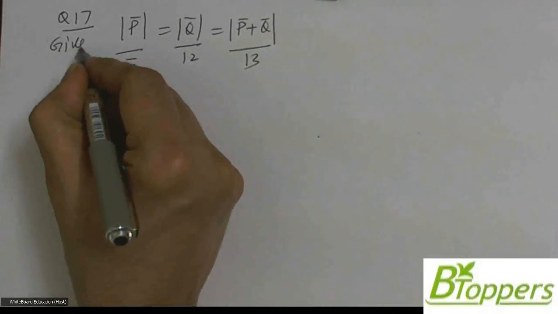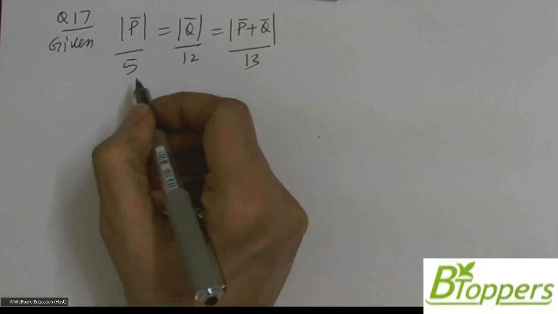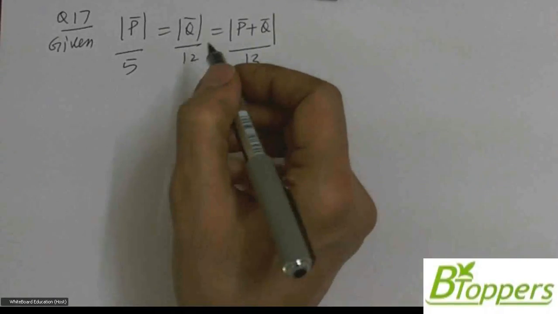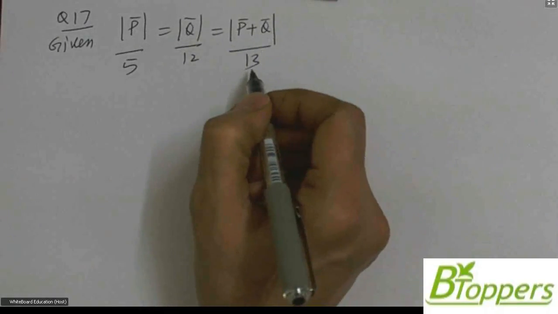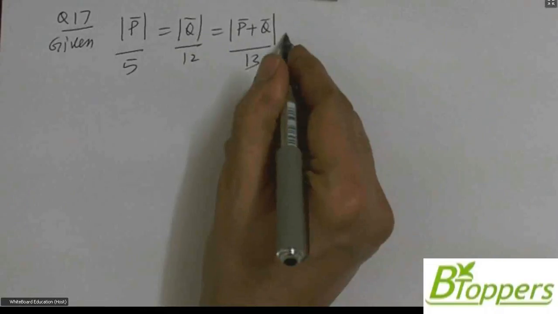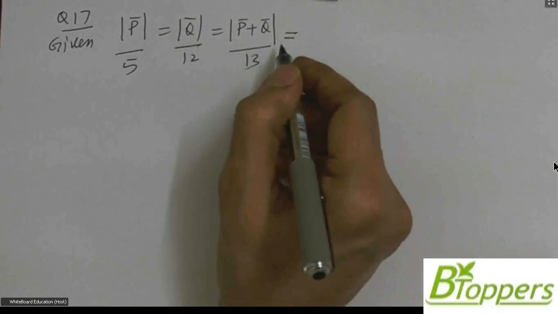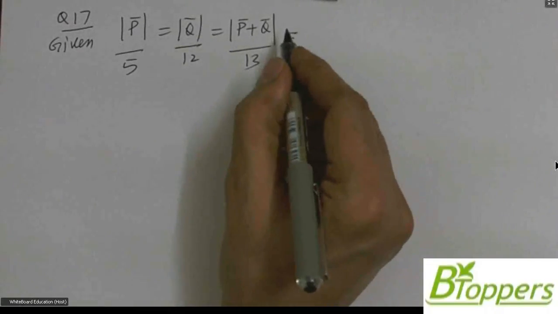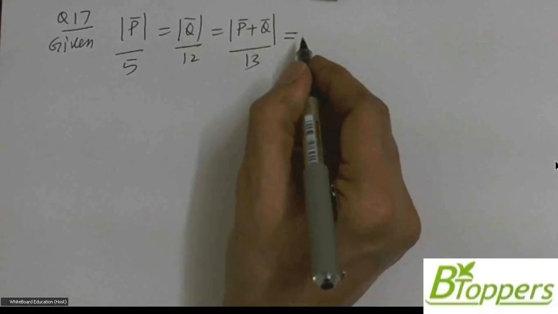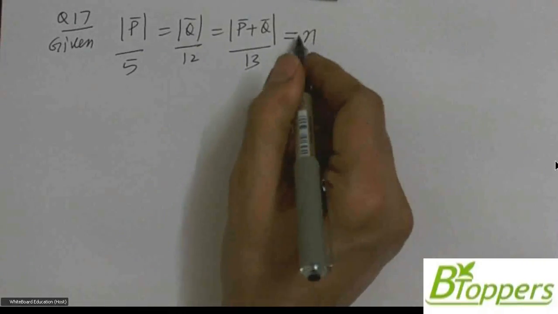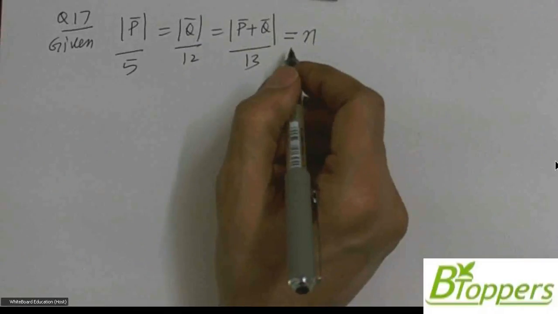So it's given in the problem that magnitude of P bar by 5 equals magnitude of Q bar by 12, which equals magnitude of the resultant of P bar and Q bar by 13. Let us denote each of these by the letter N, or some other letter, which is a constant.